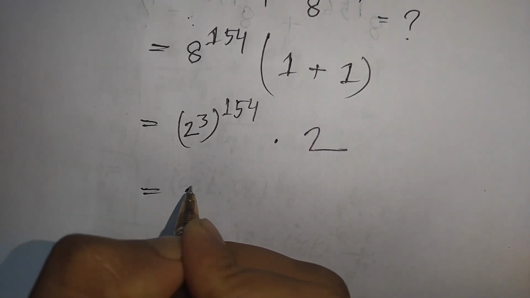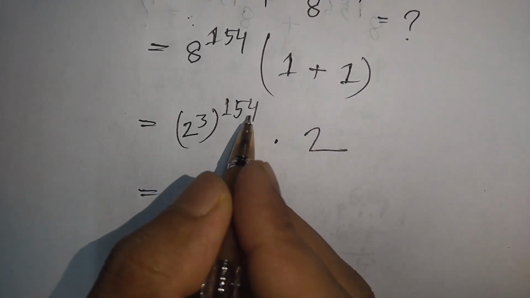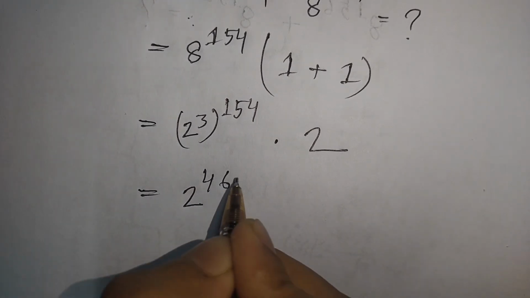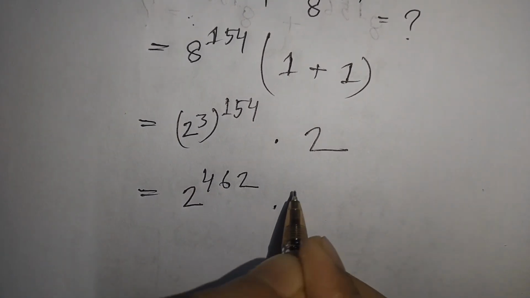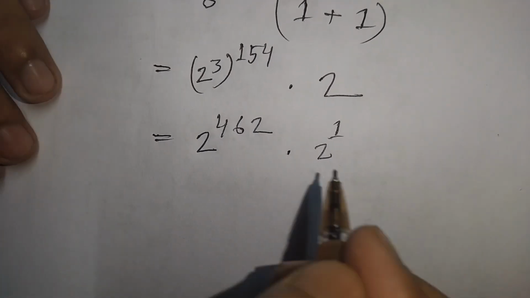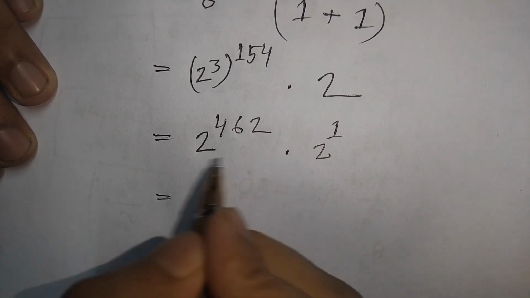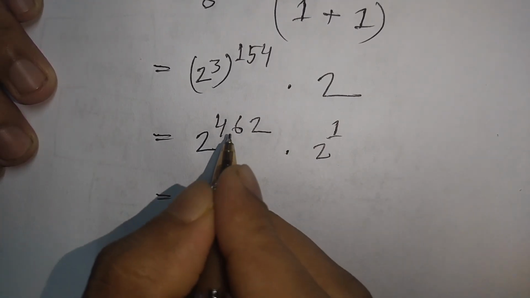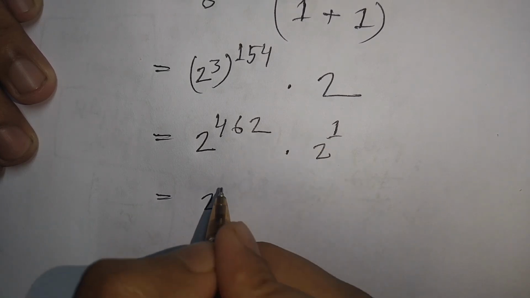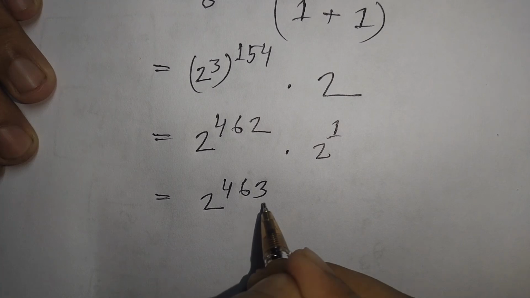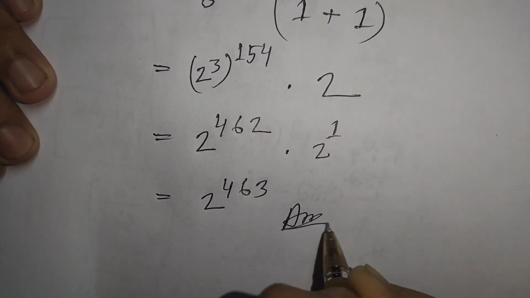Now 2 to the power 3 times 154, that means 462, times 2 is the same as 2 to the power 1. Now we see that we have the same base 2 but different forms. So we can write 2 to the power 462 plus 1, that means 463. So 2 to the power 463 is the correct answer.